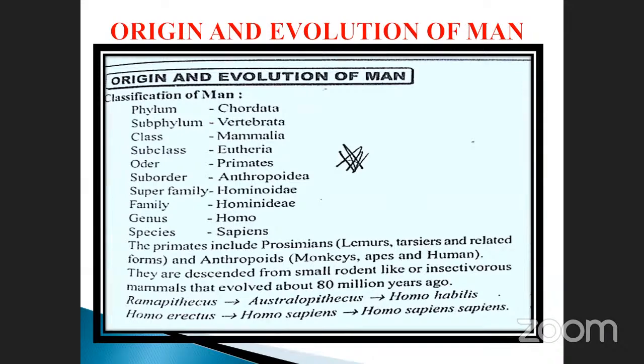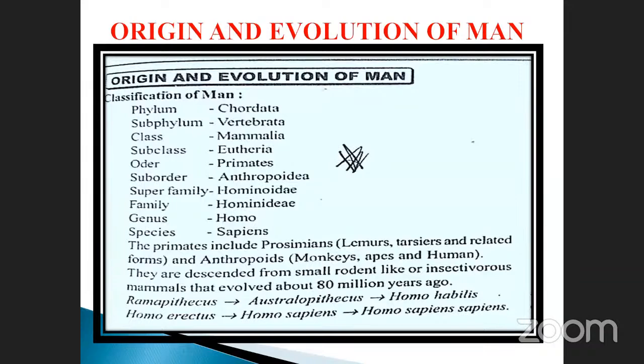They are descended from small rodent-like or insectivorous mammals that evolved about 80 million years ago. Mammals particularly evolved how many years ago? 80 million years ago. That has been given here, how the human was developed from the previous one to the modern one.